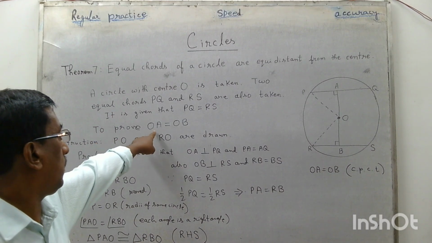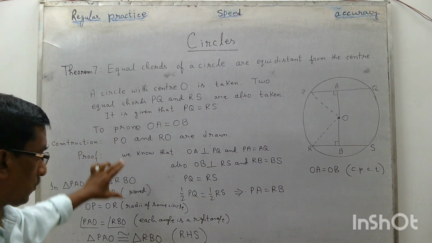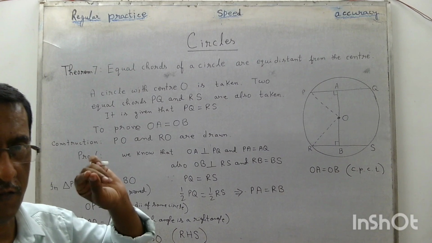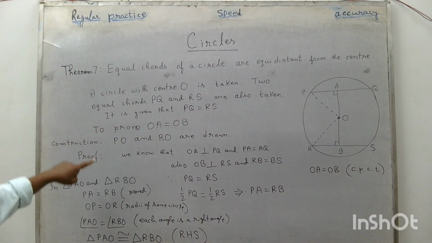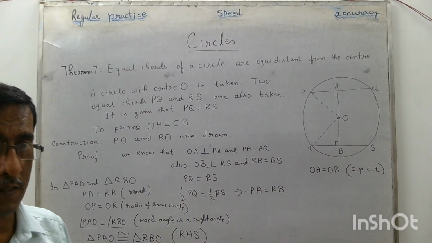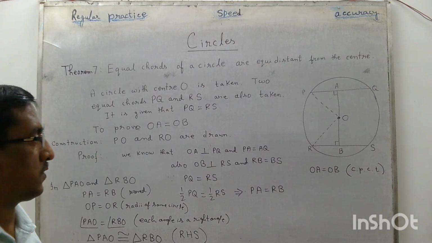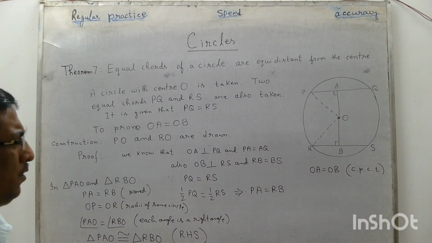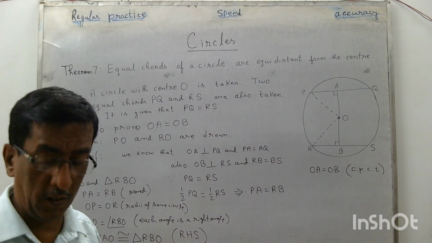यहाँ पे प्रूफ करने बोला था OA equals to OB, तो यहाँ पे प्रूफ हो गया OA equals to OB. अब सब स्टूडेंट्स को ऐसे ही लिखना पड़ेगा. अगर ये स्टेटमेंट प्रूफ करने देता है क्वेश्चन में, इफ इट इज आस्क्ड इन अ क्वेश्चन दैट यू हैव टू प्रूव दिस स्टेटमेंट, तो ड्राइंग और ये सब स्टेटमेंट जो लिखा है हमने, ये सब कंप्लीट लिखना पड़ेगा, तभी जाके तुमको मार्क्स मिलेगा. बिकॉज इट कैरीज एटलीस्ट 3 मार्क्स. 3 मार्क्स तो होगा ही ये सब प्रूफ में. सो रिमेंबर दिस थिंग, एंड इट इज वेरी हेल्पफुल इन हायर स्टडीज ऑल्सो. कभी ना कभी कहीं ना कहीं तुमको ये सब प्रूफ जो है काम में आ जाएगा अगर याद रहे तो.